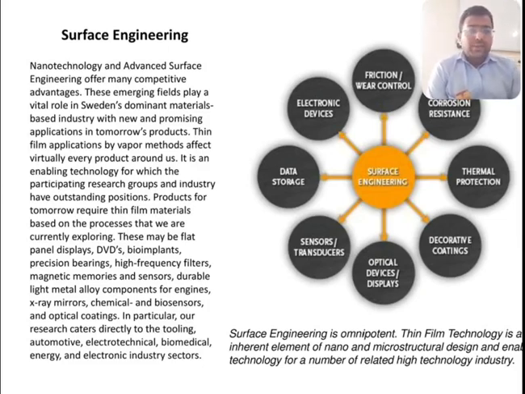Thin film application by vapor method affects virtually every product around us. It is an enabling technology for products that require thin film material based on the process that we are currently exploring.